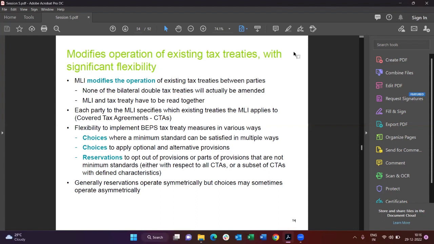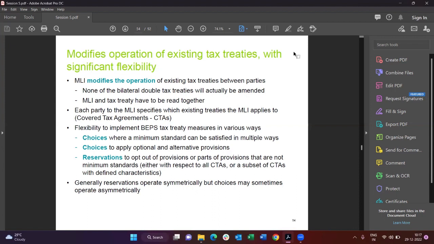Beyond the minimum standards, they had the option to opt out by making reservations on provisions that are not minimum standards, either with respect to all the covered tax agreements or a subset of them.